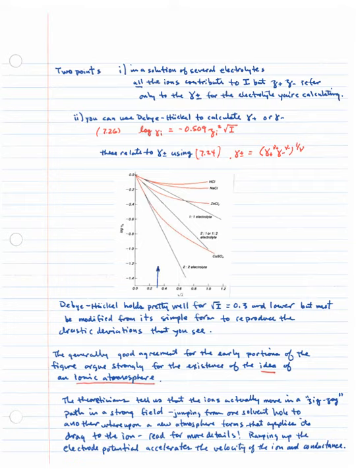So you could calculate gamma plus minus for sodium chloride, even though there's some potassium and nitrate there. So you really have to be precise about what the gamma plus minus is referring to. So you can use Debye-Huckel, the limiting law, to calculate a gamma plus or gamma minus.